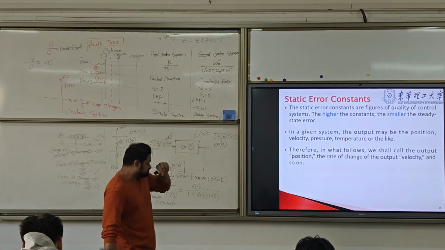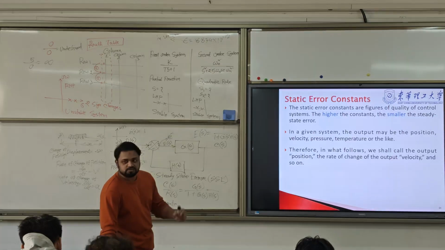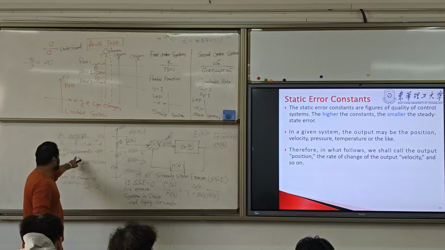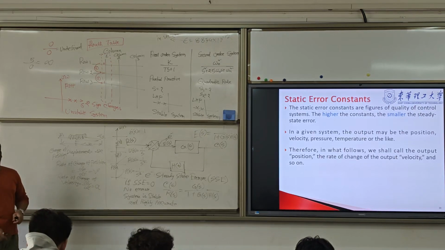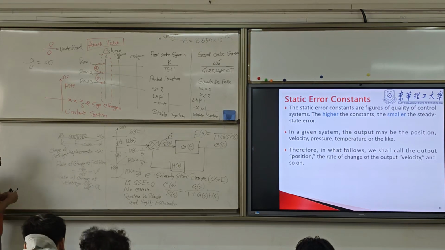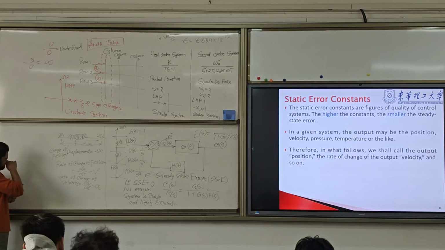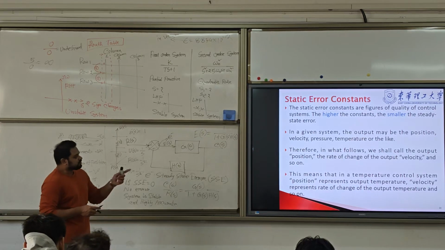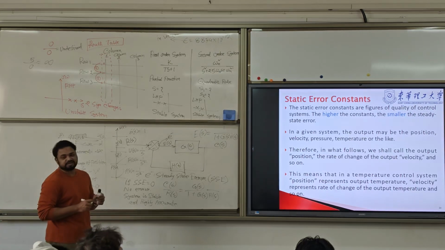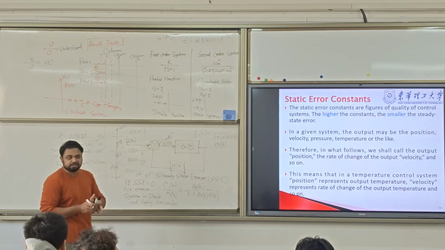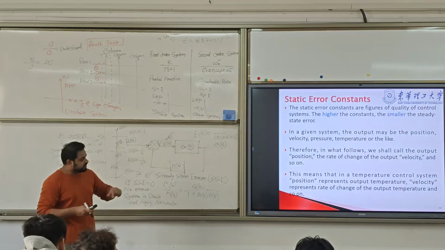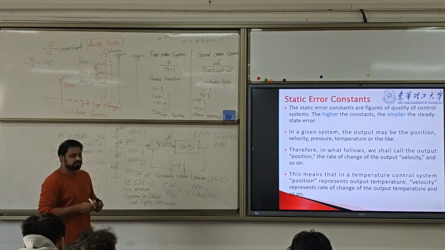Now, if there are 3 different types of output, then how can we define it mathematically? If there is a temperature control system that changes the position, that means it changes the temperature. We call it the output temperature.